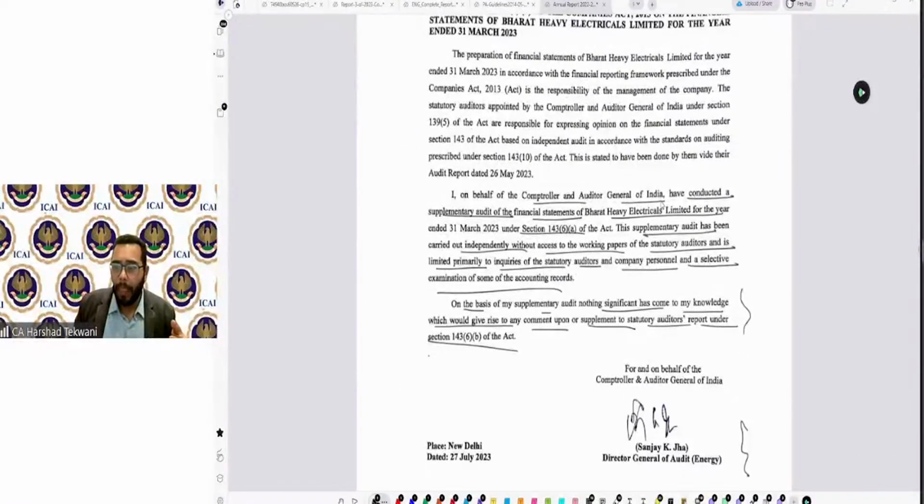So this is how 143(5) and 143(6) play a very important role when it comes to the audit of a PSU. That is something additional that you might not have seen till now in the audit of a private limited or a normal company.